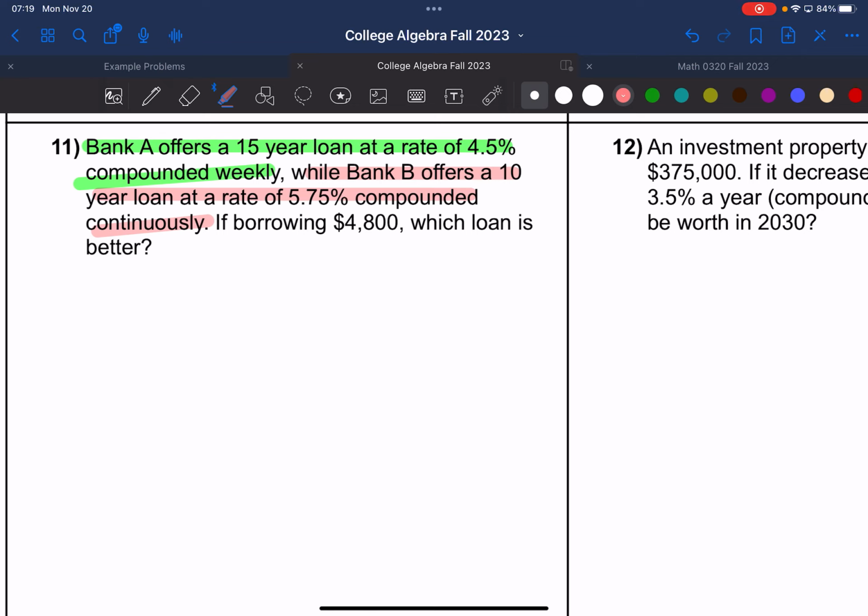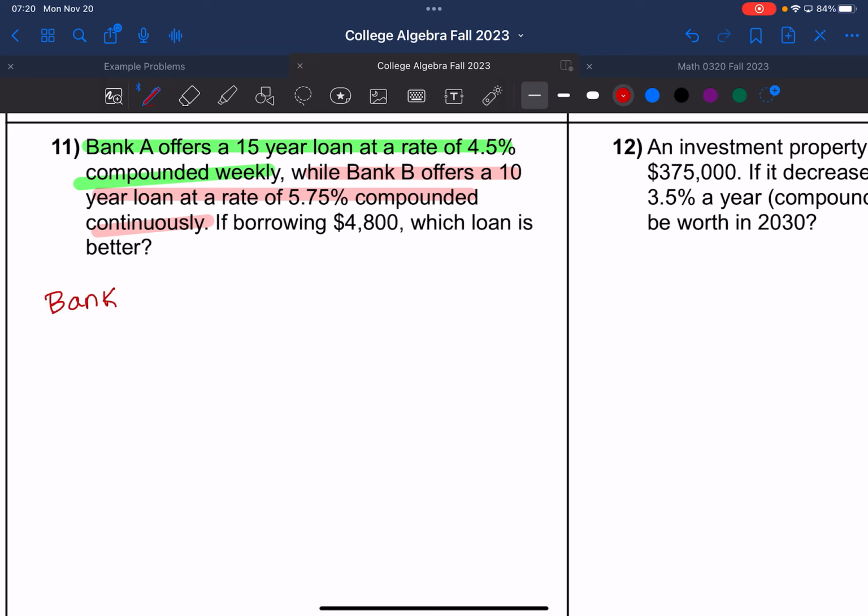If borrowing $4,800, which loan is better? Okay. So we're going to have to set up these 2 equations, one's for Bank A and one for Bank B. Once we have the answers for both, we choose which one is better, first or second. So let's start with Bank A.